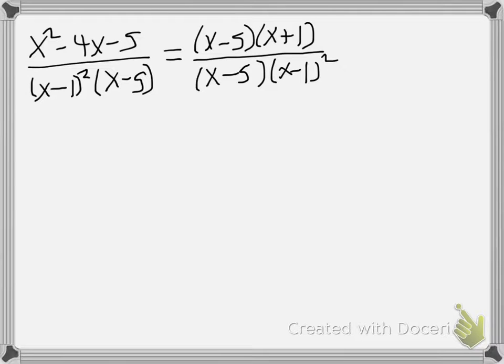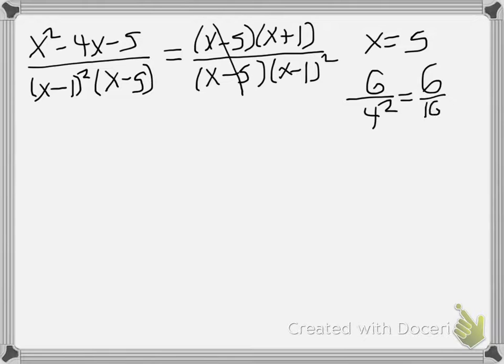All right, so our point of discontinuity, the x value, is going to be 5. My y value for the discontinuity is going to be 6 over 4 squared, which is 6 over 16, which is 3/8. So we have a hole at 5, 3/8.